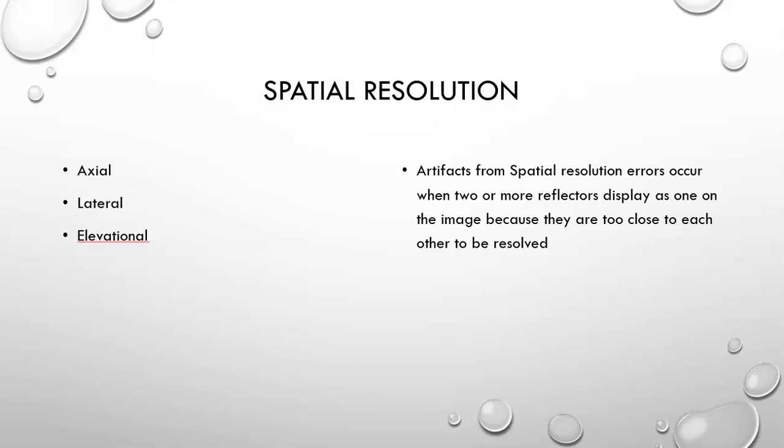Spatial resolution artifacts are errors that occur when two or more reflectors are displayed as one on the image because we simply don't have the resolution to resolve them. So spatial resolution artifacts are when the beam is wider than or thicker than the reflector.